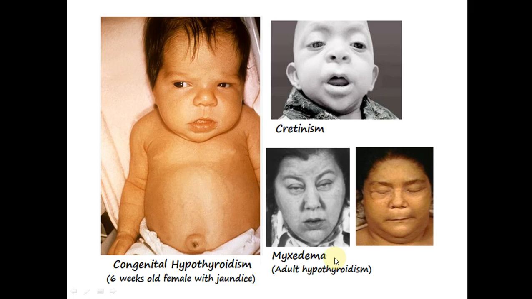In this picture, we can see congenital hypothyroidism, where the child may have slow and sluggish reflexes, excess growth of the tongue, an umbilical hernia, failure of growth, abnormal facial appearance, short stature, and mental retardation.